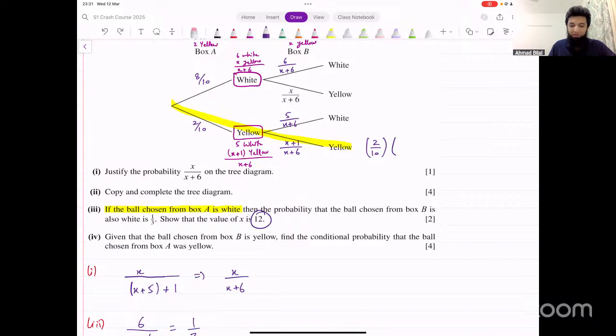The value of x is 12. So that's 12 plus 1 divided by 12 plus 6. We can simplify this and see what this gives us. 13 over 18. And that's 13 over 90, I think, right? 18 times 10 is 180, and then that gets cancelled. Yeah, 13 over 90, that's the probability that we have for this yellow and yellow. Okay.